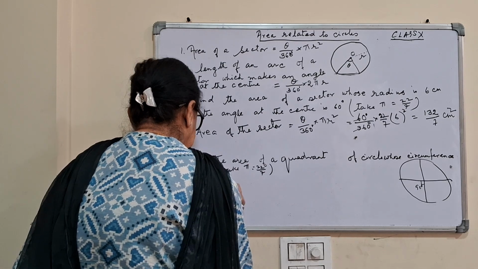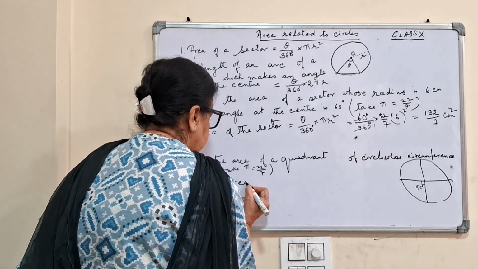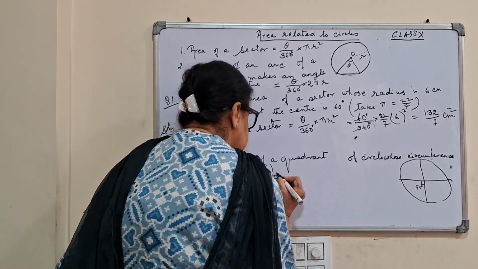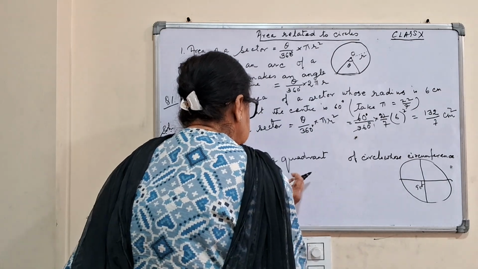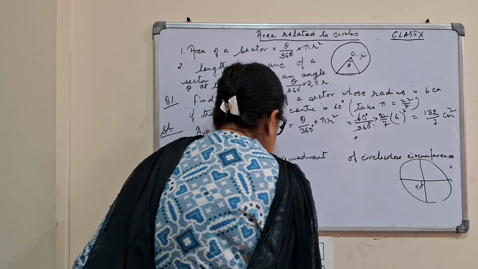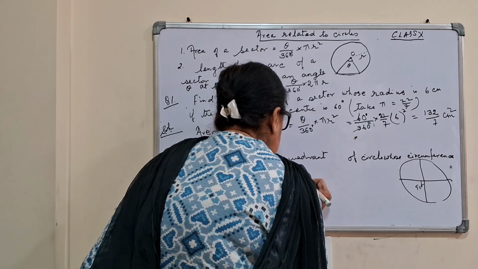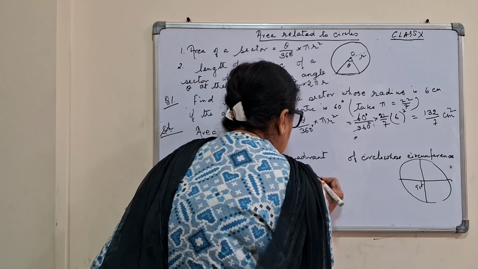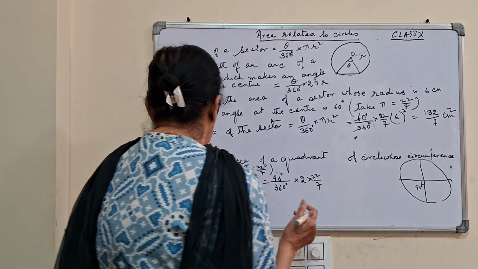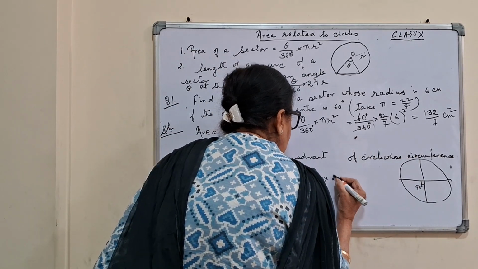Circumference is equal to theta by 360, it is the quadrant, that is 90 degree by 360 into 2 pi r, 2 into 22 by 7. Our radius is how much? Radius I have to find.